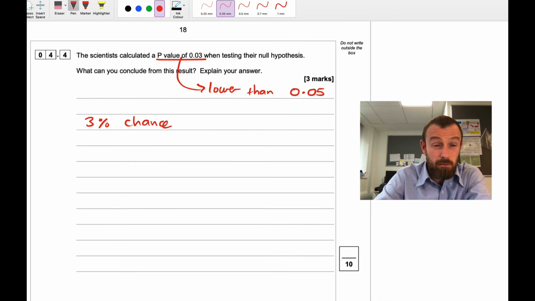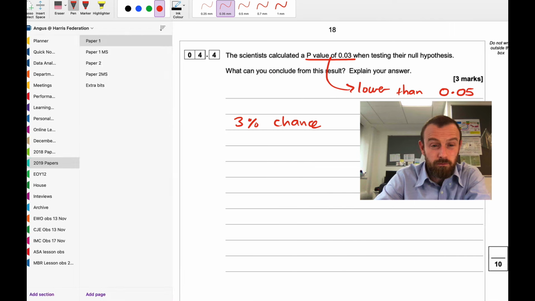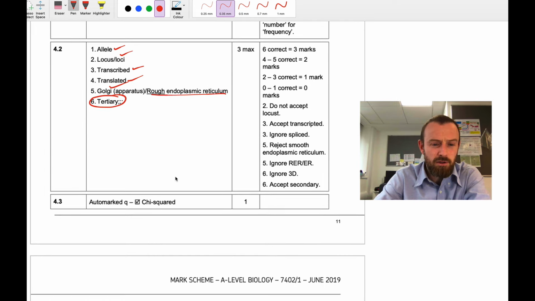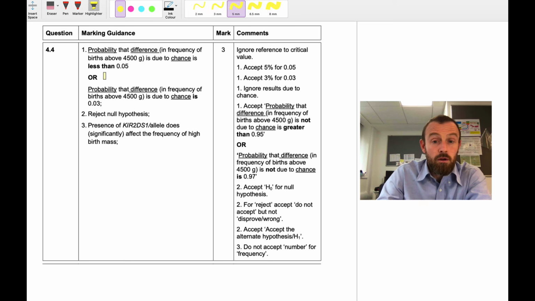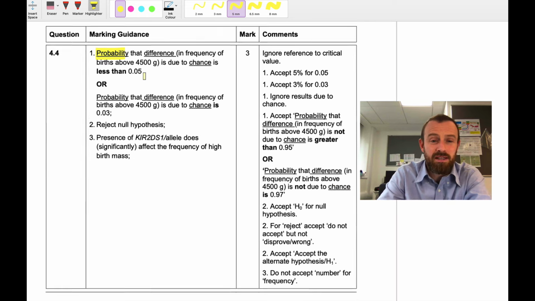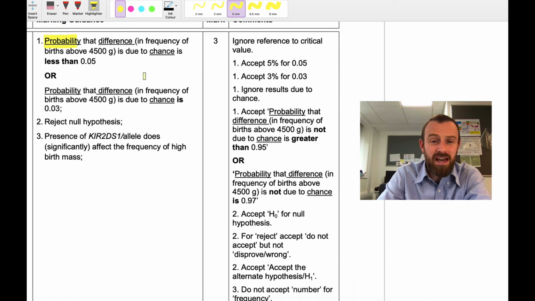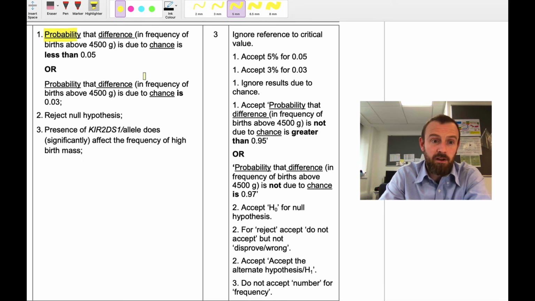Did I get 3 marks? I think it's probably worth saying the p-value is below the critical value, below the 0.05 critical value. Oh yeah, I think I would have just about got the marks there. We have to say probability. Look at this, there's a lot of underlining here, which means that the way you need to say it is very specific.